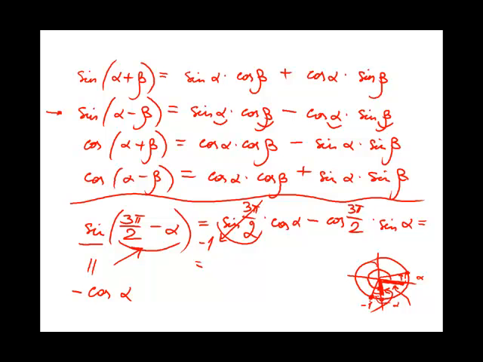Minus 1. What is cosine 3 pi over 2? 0. Because if we are here, then the horizontal coordinate is 0. So what is the answer? Minus cos alpha. We get the same answer using both methods.